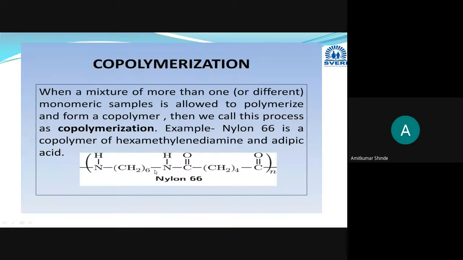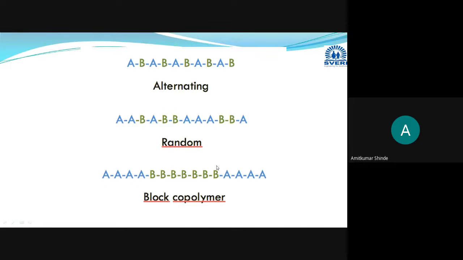Polyamide and polyester are examples of condensation polymerization. Then we discussed the concept of copolymerization. This copolymerization has four types: alternating copolymerization, random copolymerization, block copolymerization, and graft copolymerization. I have not shown the graft copolymerization diagram here. It is very similar to block copolymerization, attachment of the blocks, but in block copolymerization the attachment is in the linear way, and in graft copolymerization, the attachment will be in a branched way, means it has some branches also.